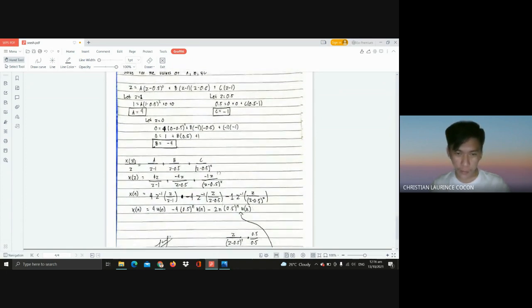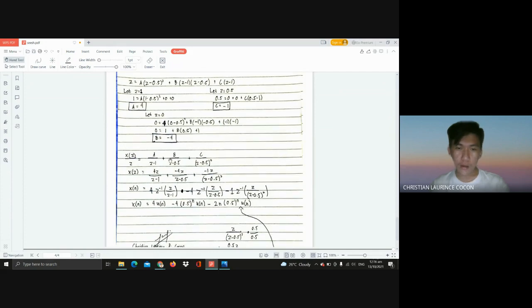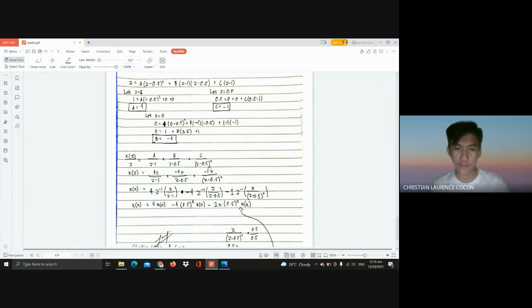After that, we have X(z) over z is equal to A over z minus 1 plus B over z minus 0.5 plus C over (z minus 0.5) squared.